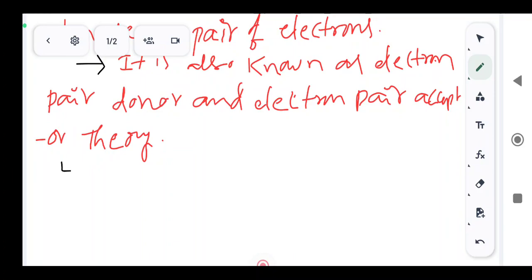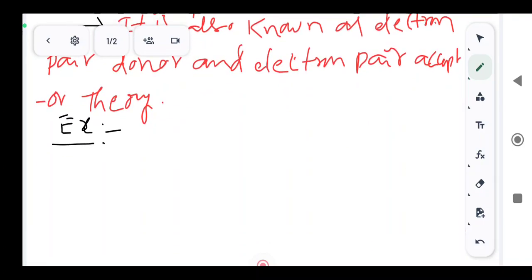Example, we will discuss examples, which one is acid and which one is base.